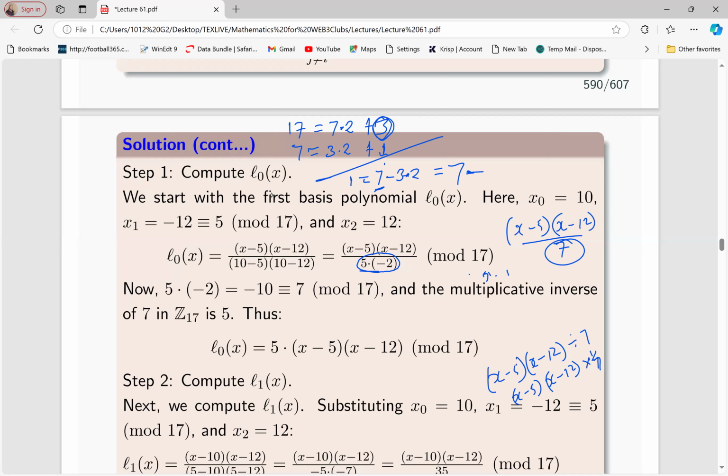The equivalent of 3 is 17 minus 7 multiplied by 2. Then remember that 2 outside the bracket.